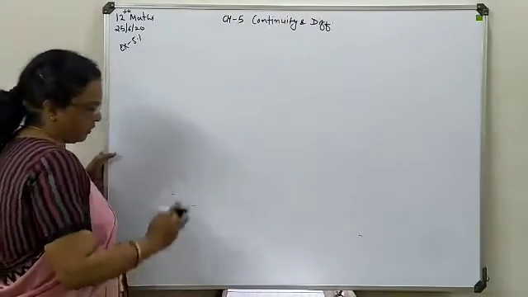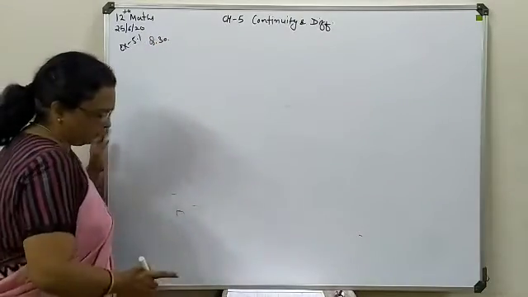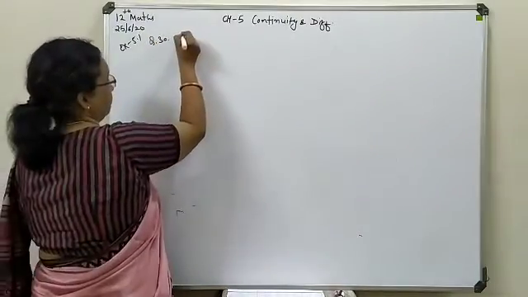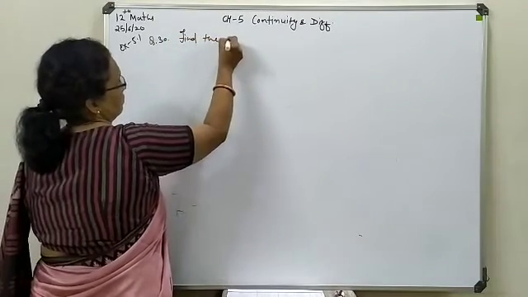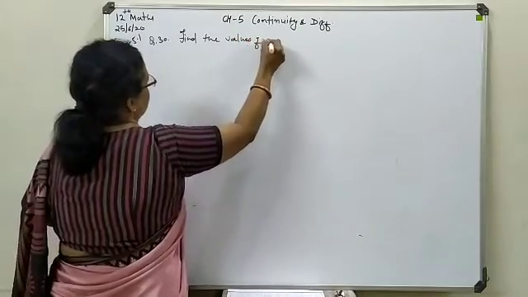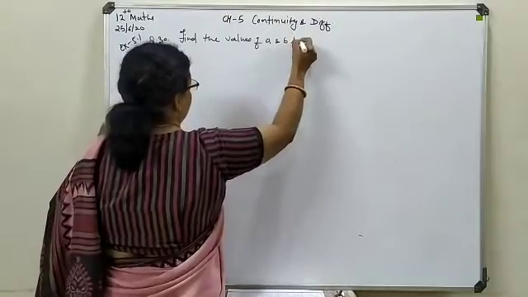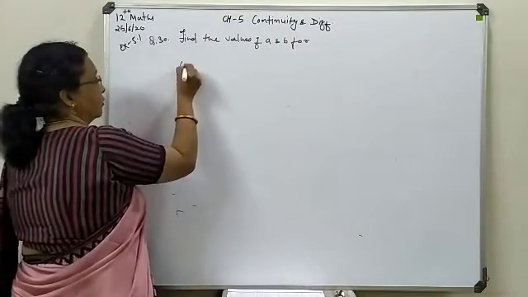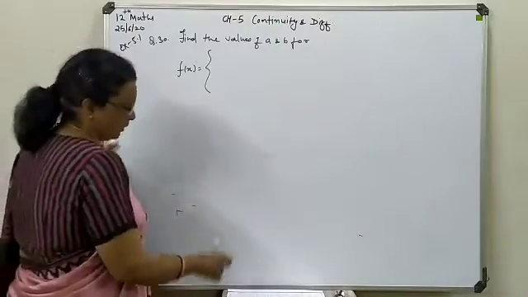First of all, we try to understand what the question is. Here we have to find out the values of a and b for a given function that is available in three categories.